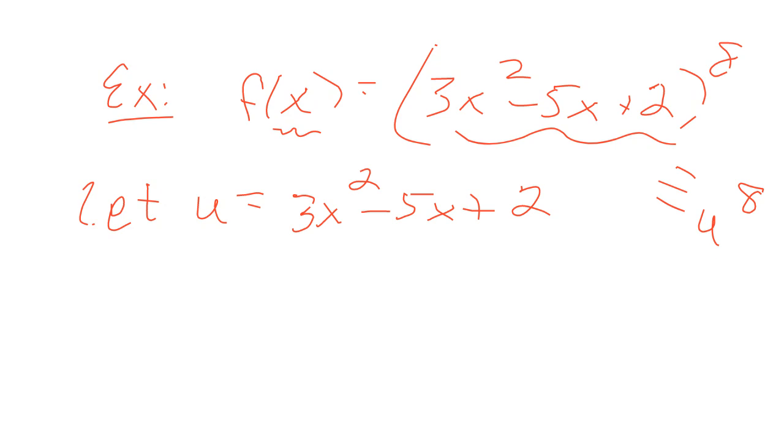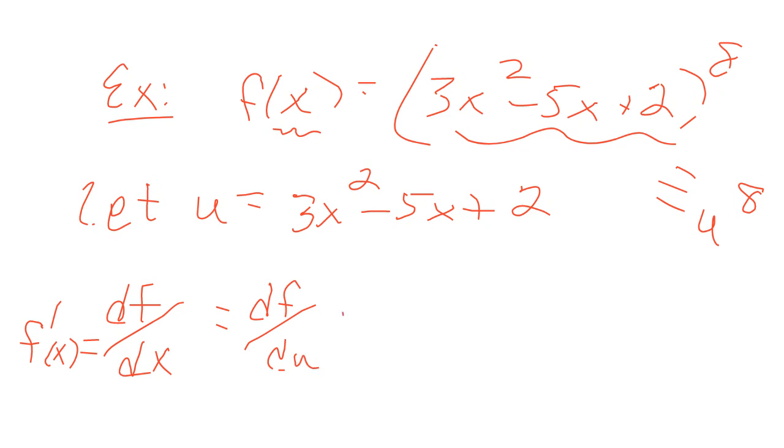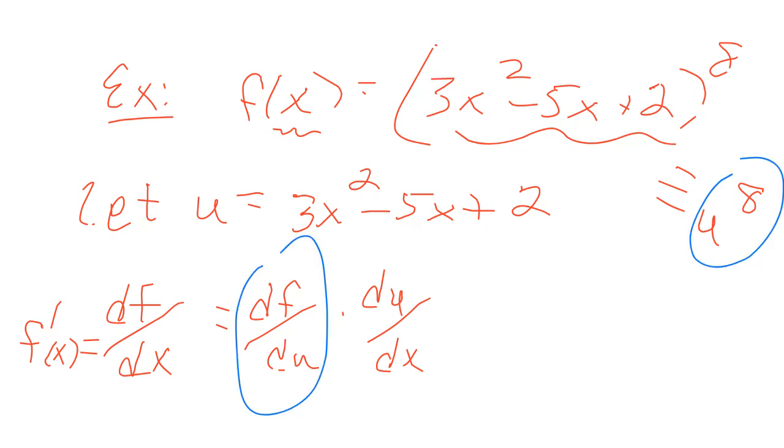So if I want df dx here, or f prime of x, is another way that we said that, then I can really just do it in two pieces. So I can say df du times du dx. Df du is the derivative of this function with respect to u, so that's 8u to the 7th power. And then the other one, du dx, well, here's u.